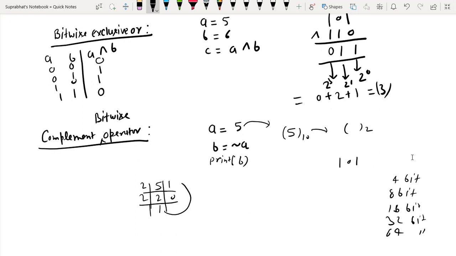It means that at a time the processor does processing on 4 bits, 8 bits, 16 bits, 32 bits or 64 bits. So suppose we use the 8-bit representation of 101, this is 3 bits, so the remaining bits are 0. This is the 8-bit representation of 5.